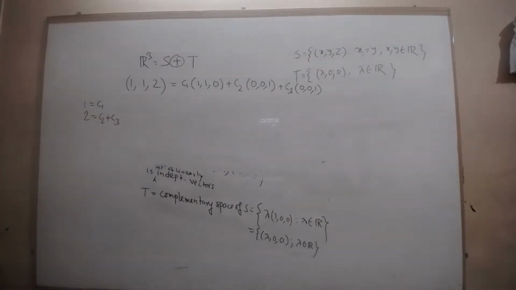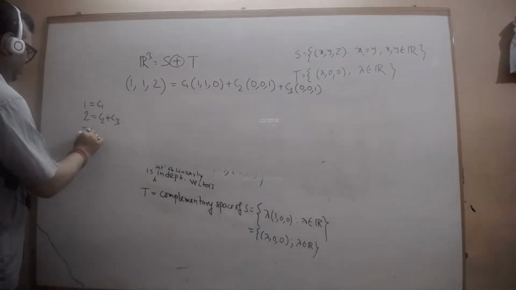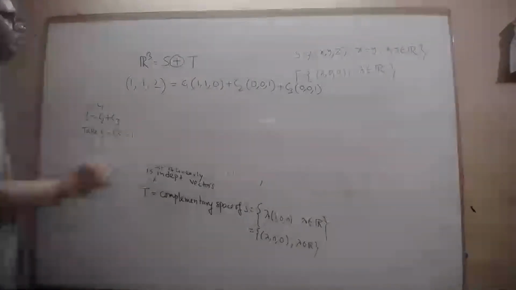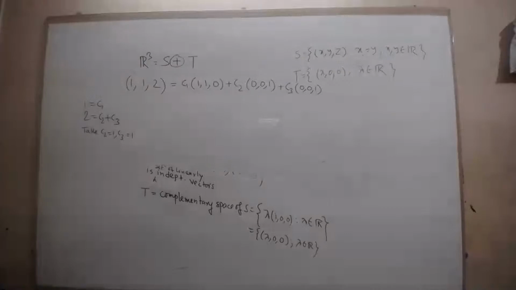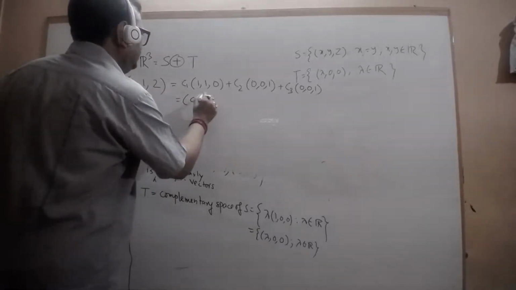So if you take C2 equal to 1, C3 equal to 1, sorry, write this thing first.